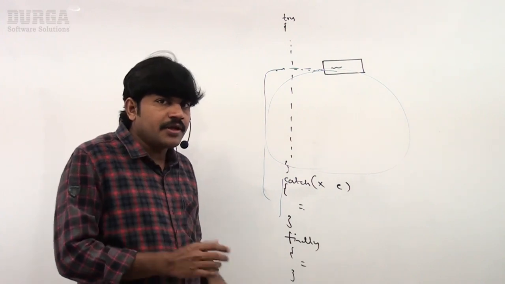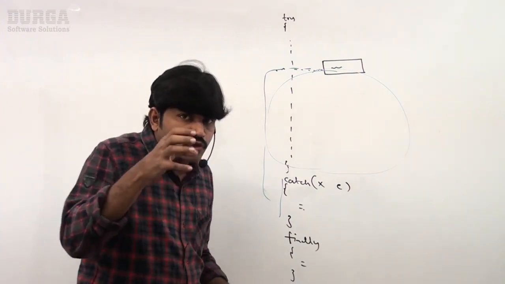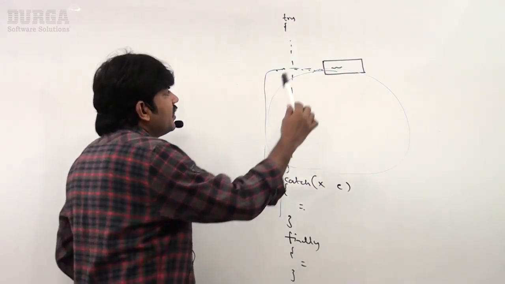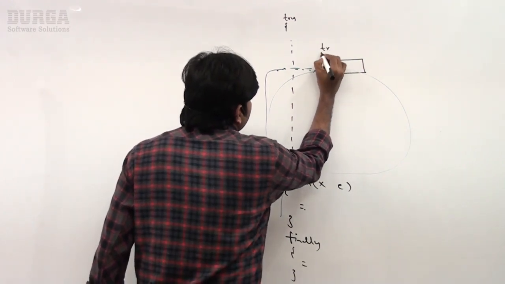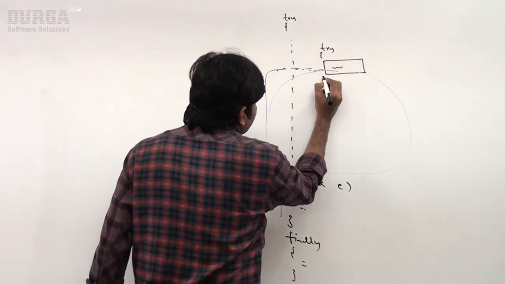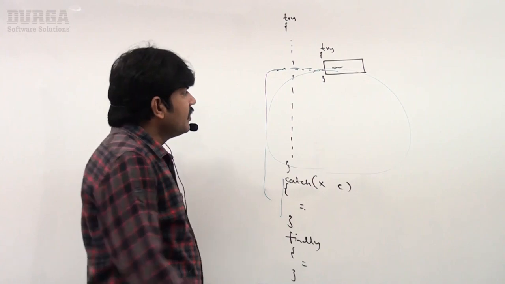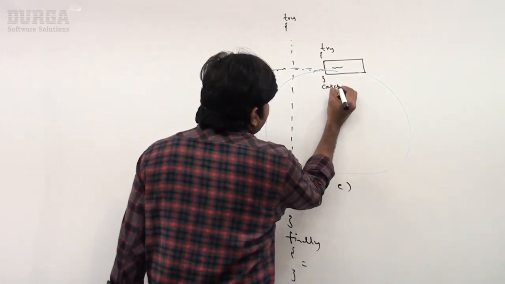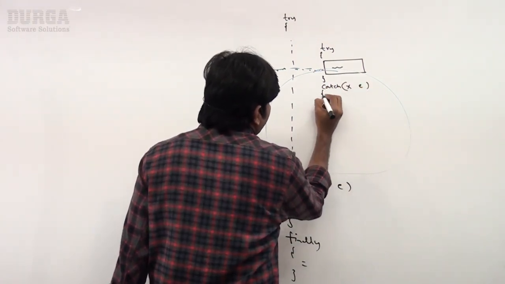That's why, since you are saying it is too much risky code, what I will take here is a try block, and next here only a catch block with the corresponding handling code.